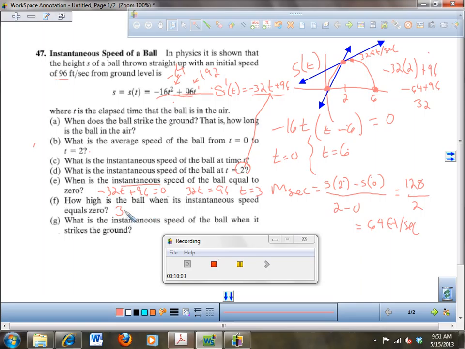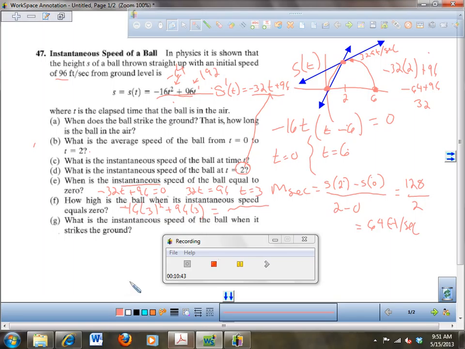So I plug in 3 there, and I get negative 16 times 3 squared plus 96 times 3, and that gives you some number. Who can tell me what that number is? 9 times 16, what is that? You get the answer, okay? Can someone do that? What do you get for that one?